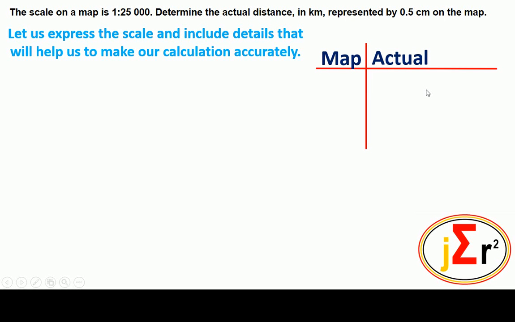And the actual distance that we are expected to determine is the actual distance in kilometers. And the distance on the map is in centimeters.